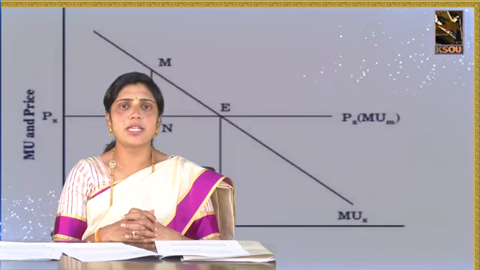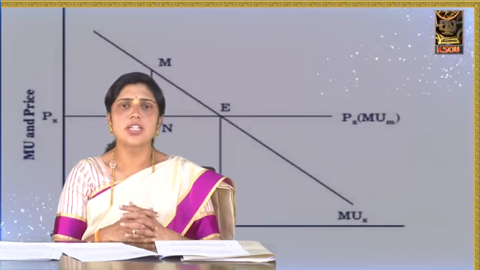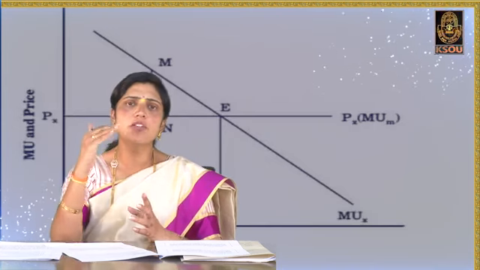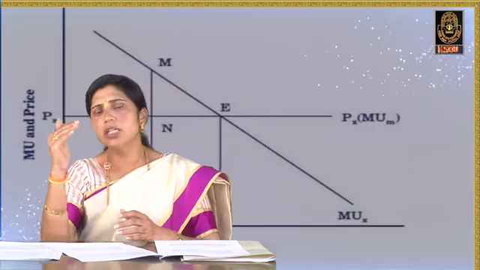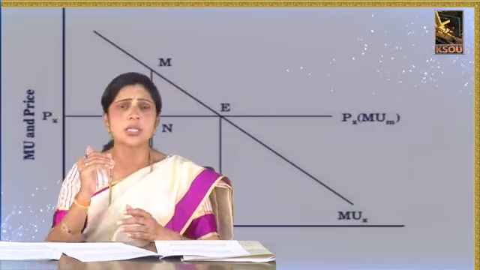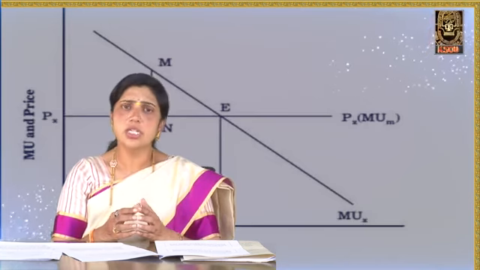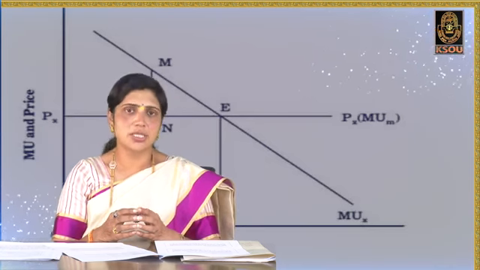This can be explained with the help of an imaginary schedule given here. See, in this, the total utility is increasing, but the marginal utility is deteriorating for every additional unit.